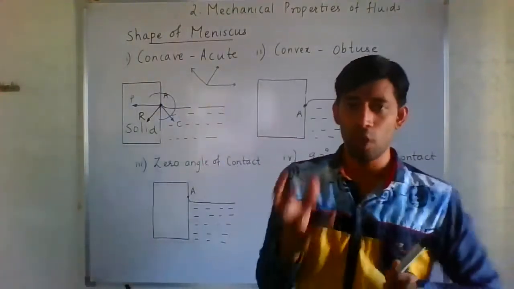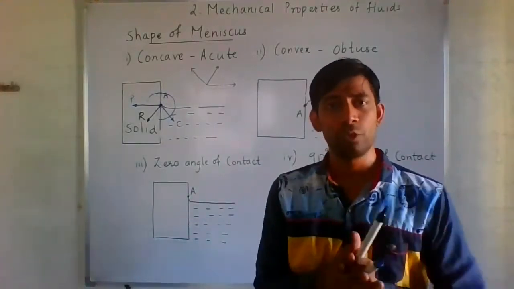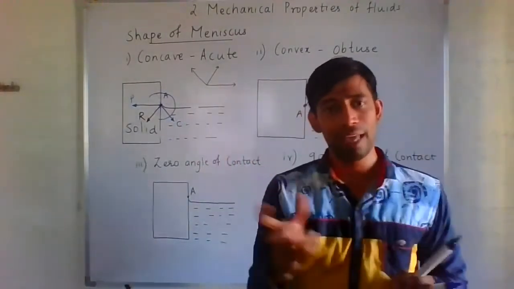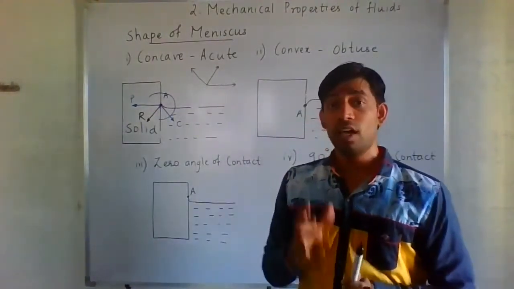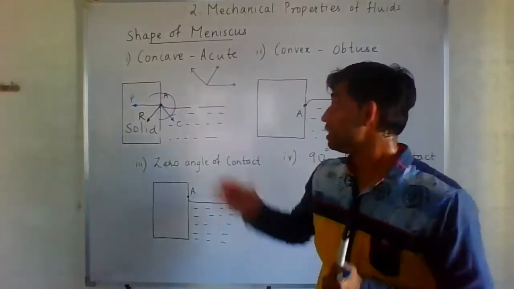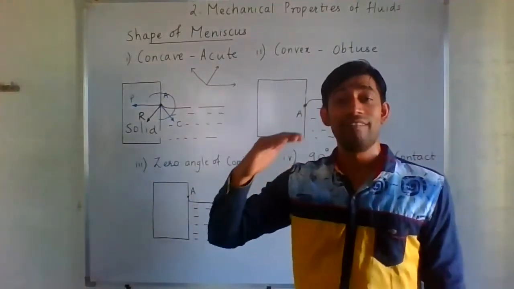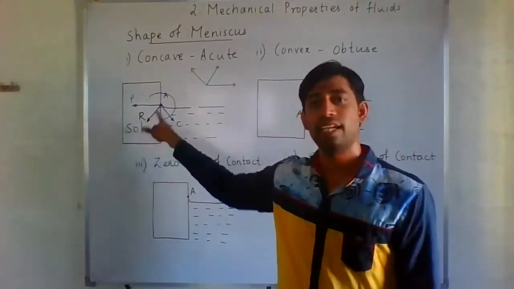That resultant force will always lie in the solid because inside the solid adhesive forces are stronger. AP value is more, so the resultant will also lie on that side. Now for stability of the liquid, let me tell you, the meniscus will remain perpendicular to this resultant force.